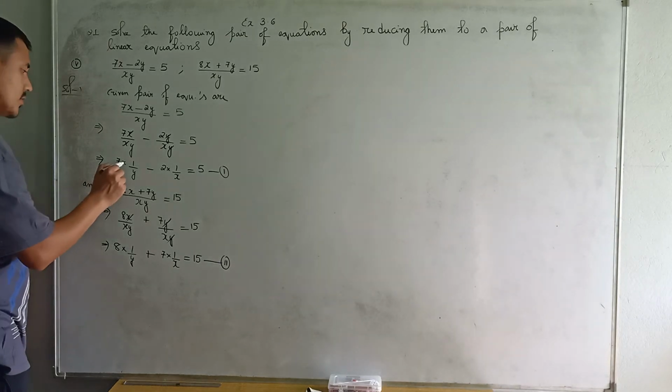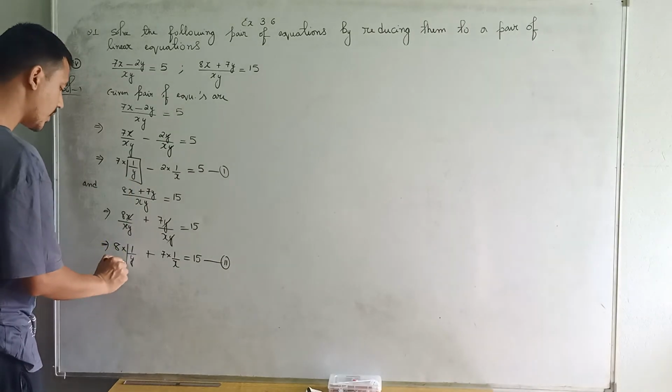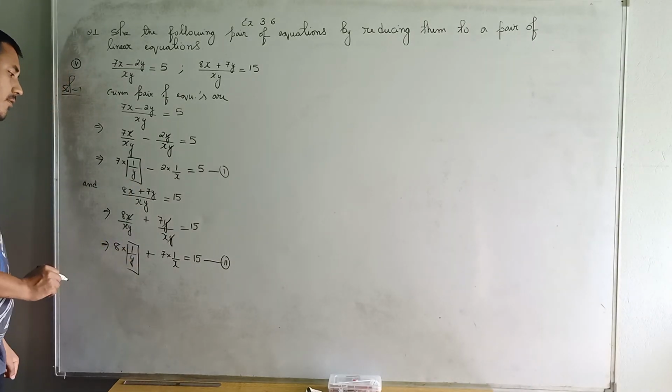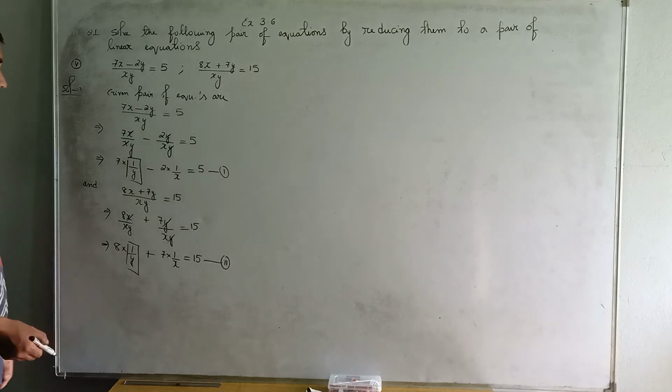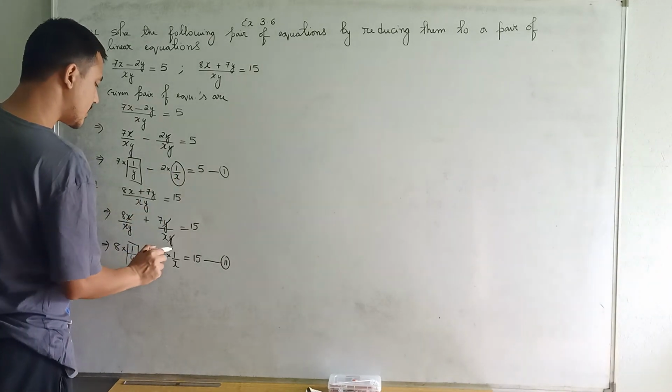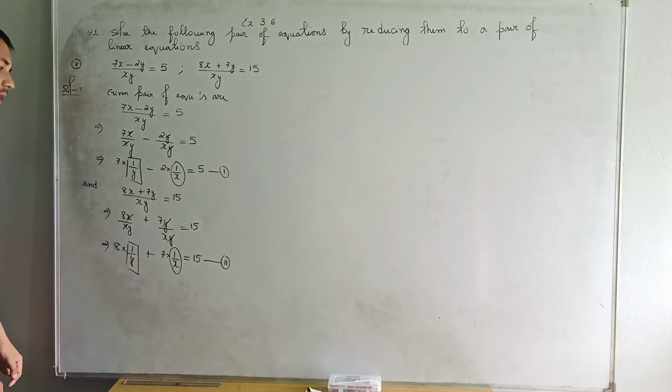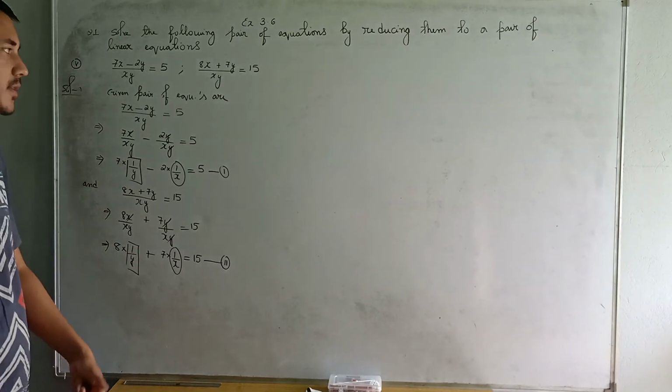Okay. So this is 1 by y, this is also 1 upon y, so 1 upon y can be replaced by u, linear. This is 1 by x, this is also 1 upon x, so 1 by x can be replaced by another variable, say v.